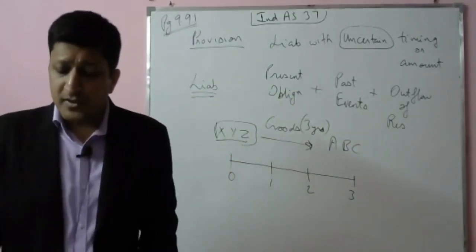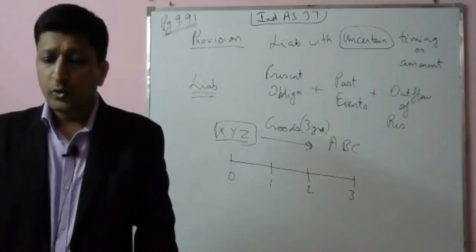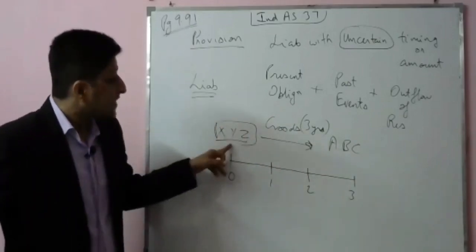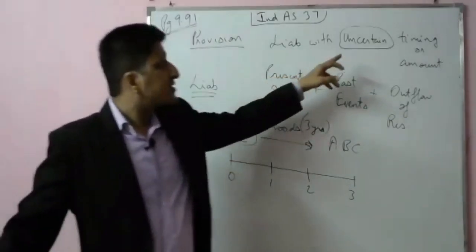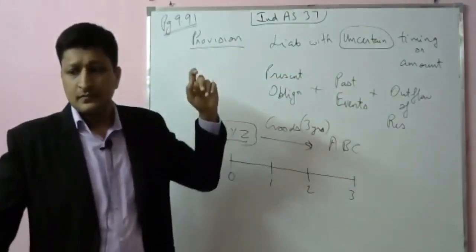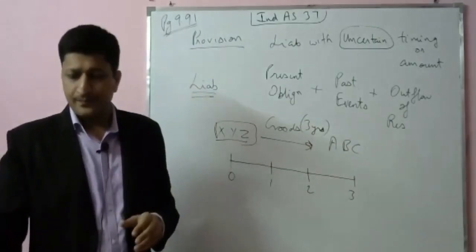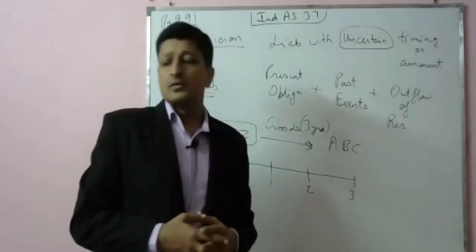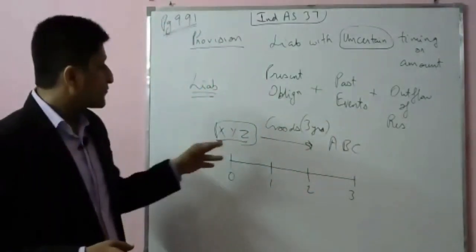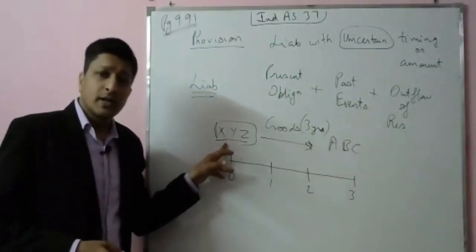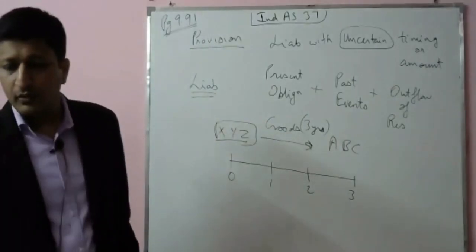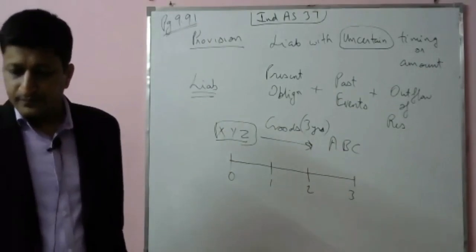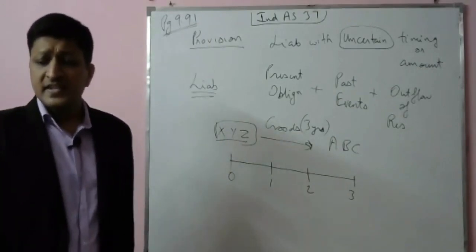Will it be possible for XYZ to know with certainty the timing as to when the product may go defective, which would be required to be made good by XYZ? Please answer this. Can this be known?